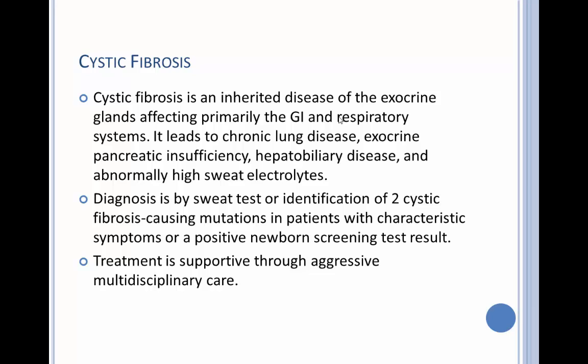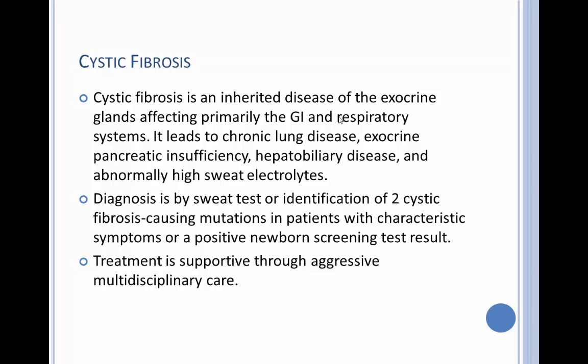The neonate would have meconium ileus, which is the earliest sign for them. They are malnourished as well, with pancreatic insufficiency, foul-smelling, bulky, oily stools with abdominal protuberance.